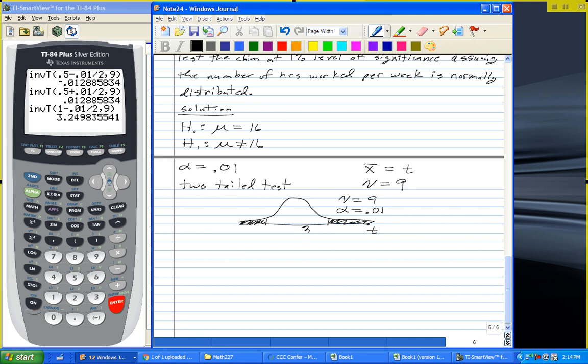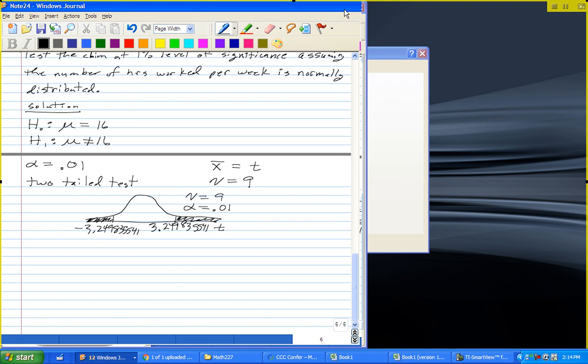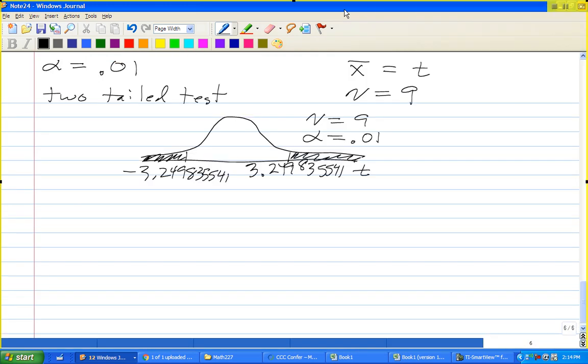So this is 3.249835541 and negative 3.249835541. Okay, so those are the critical values. Okay, good. So it's a little slow because of that.